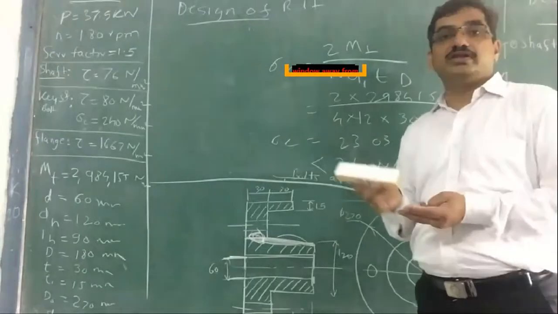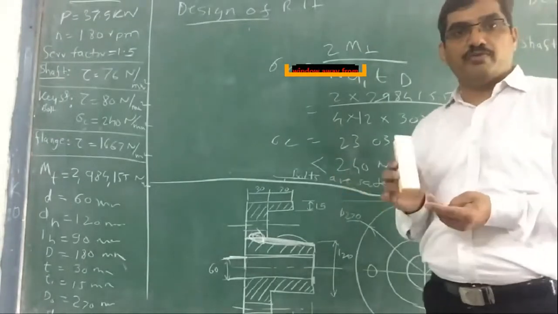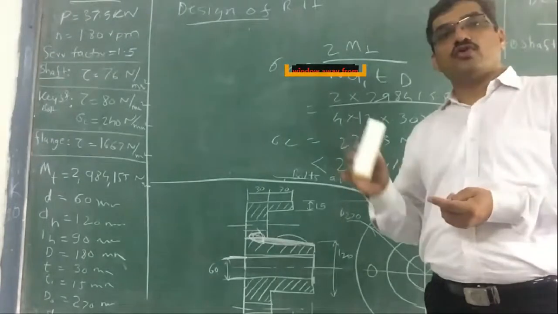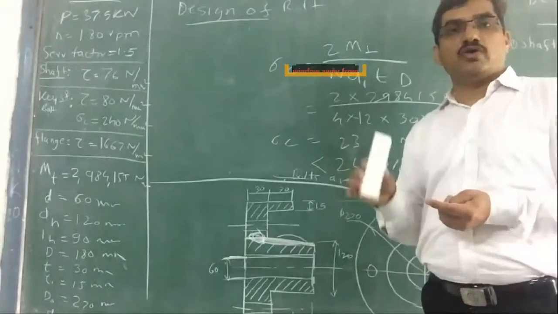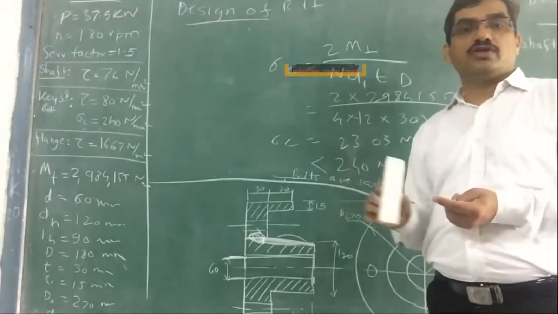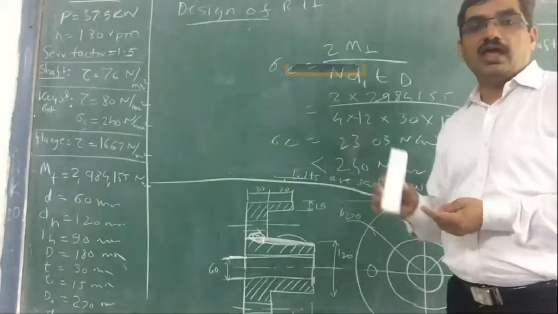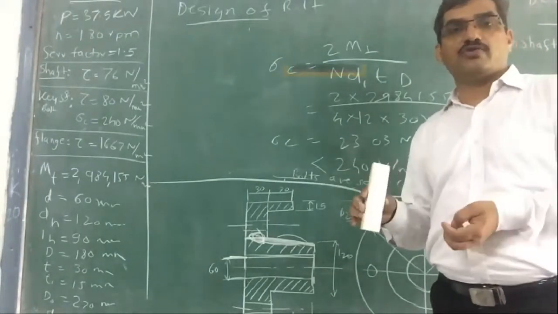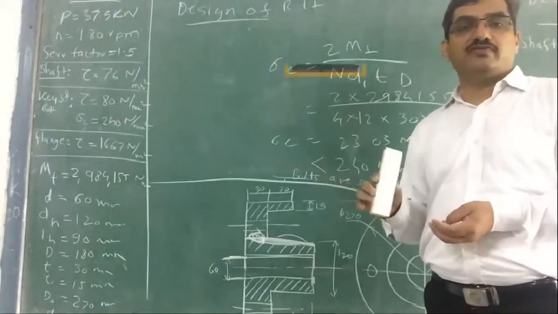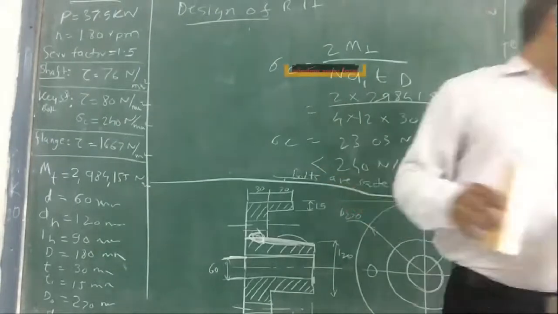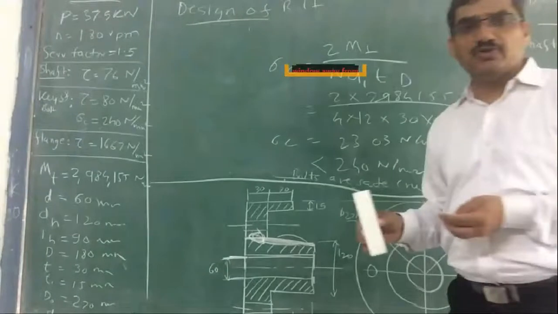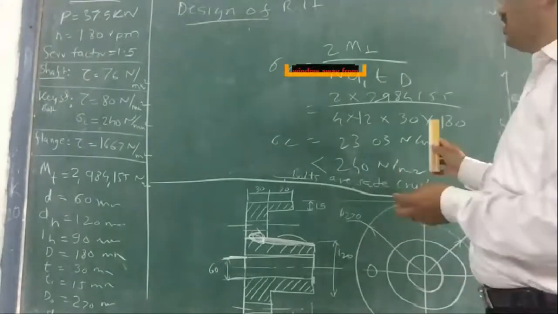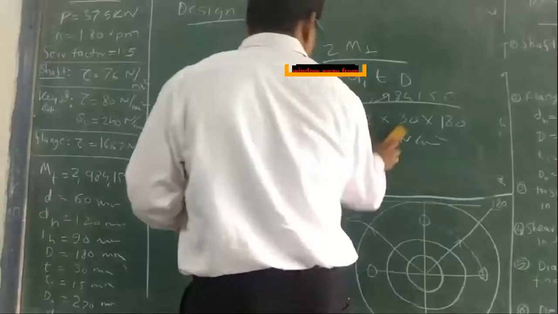Then we designed the bolts: we found the number of bolts, and for those bolts we found the diameter using the shear stress failure, and then for that diameter we have checked whether it will be safe in crushing or not, right? So this is the way we will be designing a flange coupling.